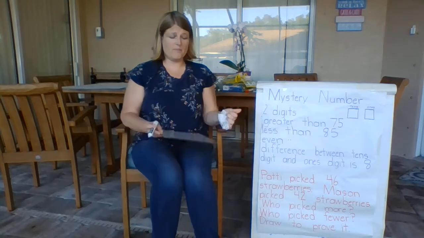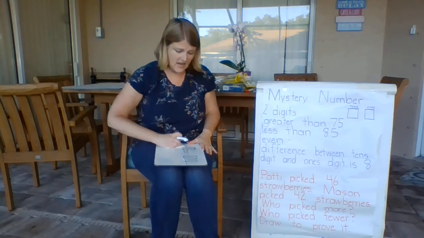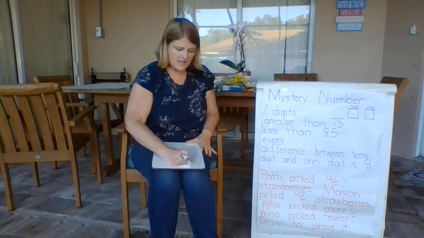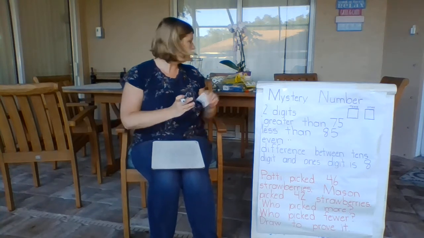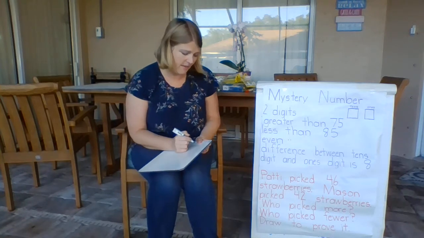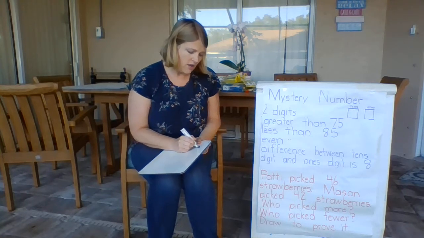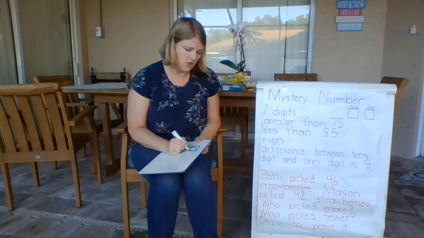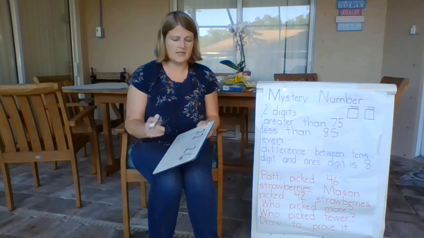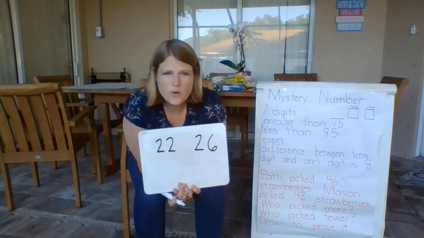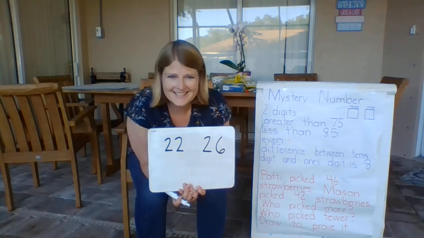Now, I'm going to clear my board, and I'm actually going to teach you something a little bit more today. So what happens when I have the numbers such as 22 and 26? Let's go with those numbers. 22 and 26.